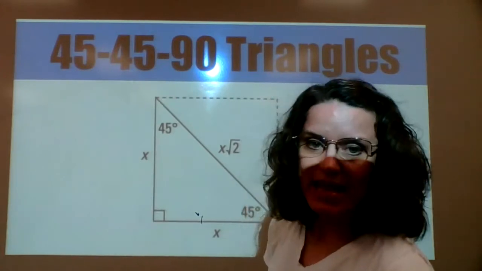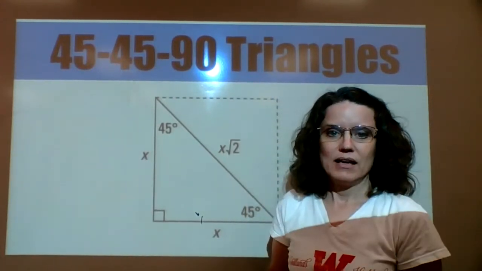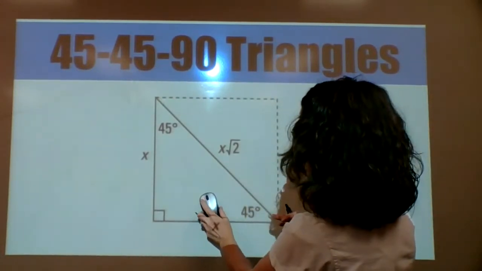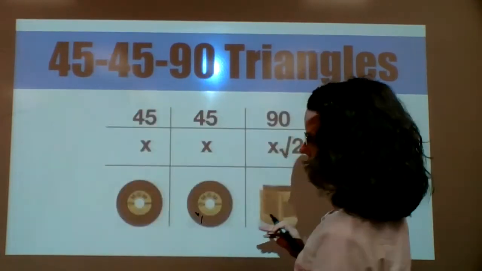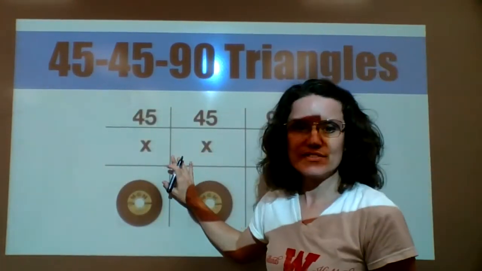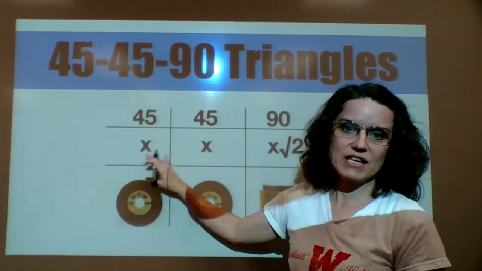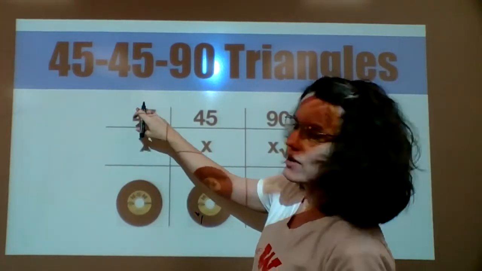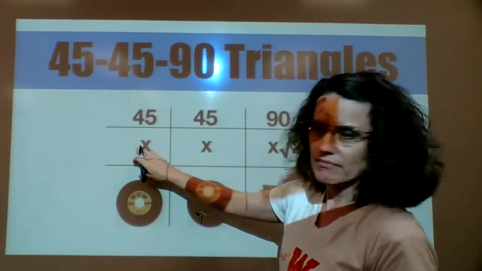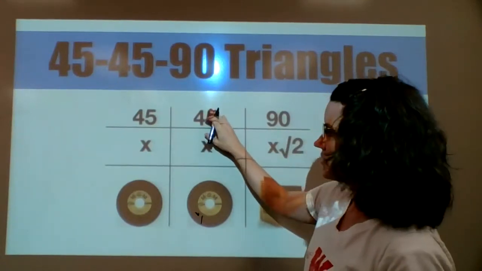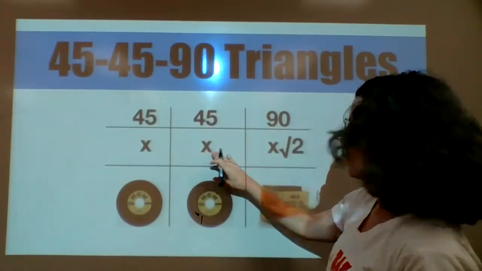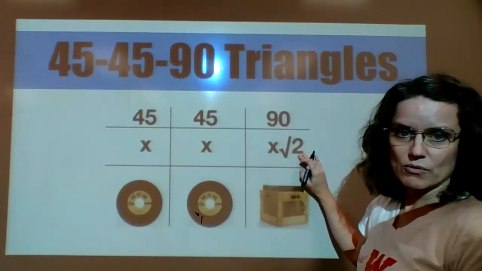So we can set ourselves up a chart to help keep track of what we have. One of the angles is 45, however long it is. Another angle is 45, however long it is. And then the 90 degree will be root 2.